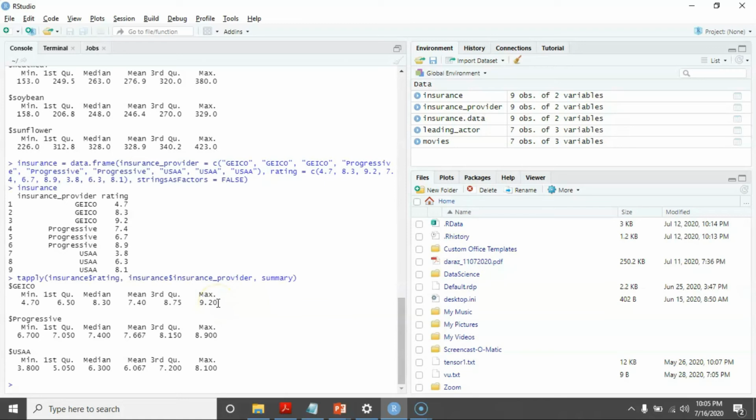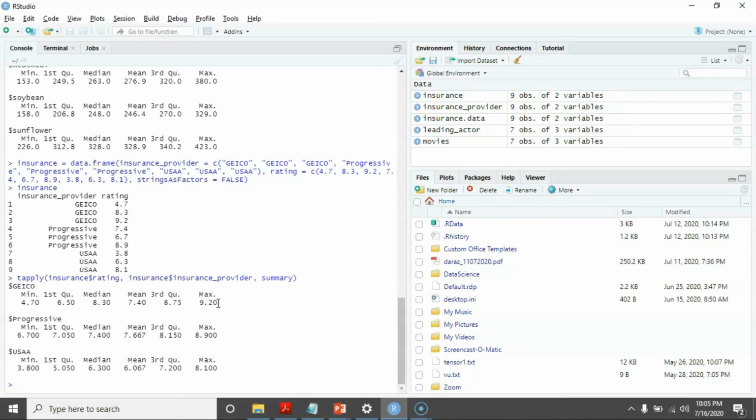Otherwise, if you just look into the maximum value, you will be like, oh, 9.20. I will avail the services of the GECO insurance provider. But if you look carefully, then Progressive has basically less deviation between the minimum and maximum value. And next, when you look into the mean value, you can see over here, the value is 7.667 in comparison with the 7.40 mean value of GECO.